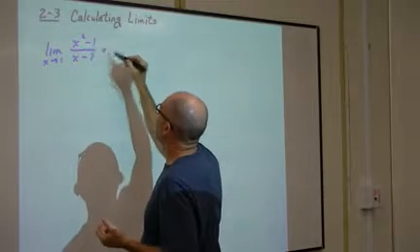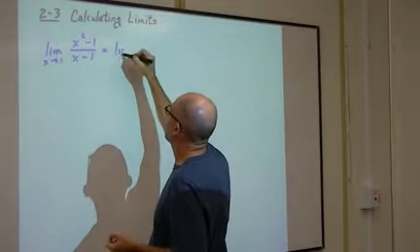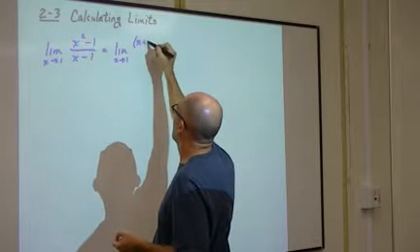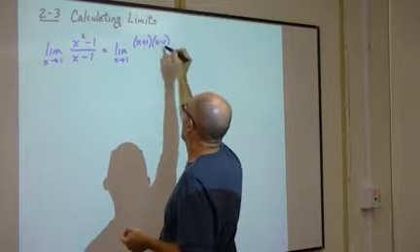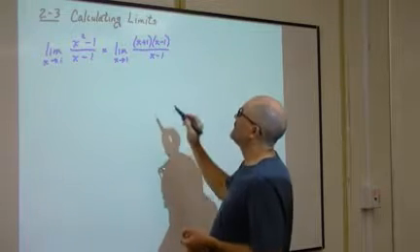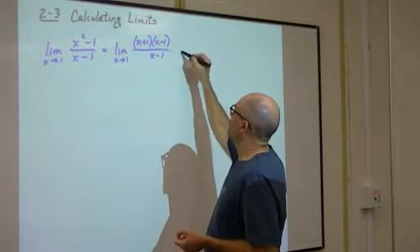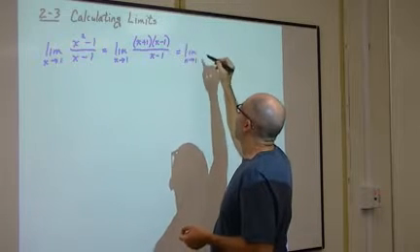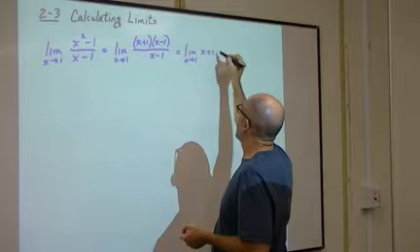Well, I'm going to factor the top. So you can see the x minus 1's cancel, and now I have the limit as x approaches 1 of simply x plus 1.